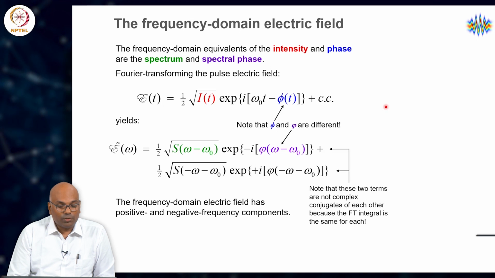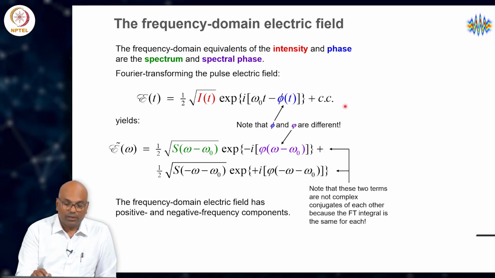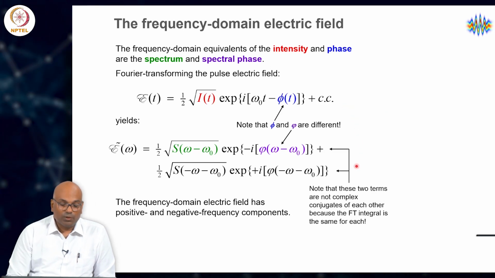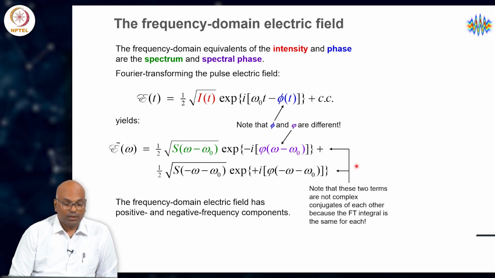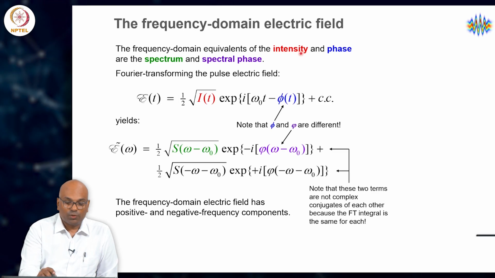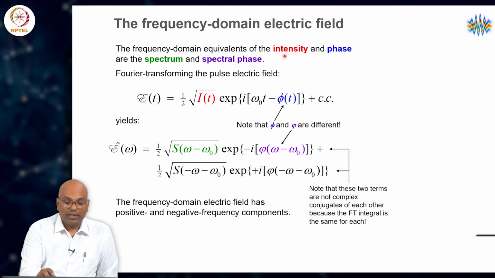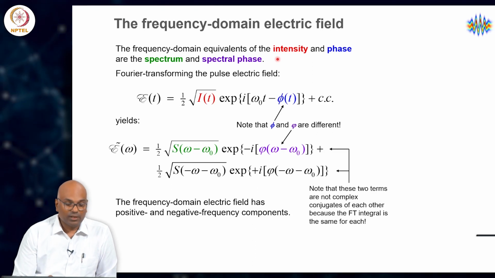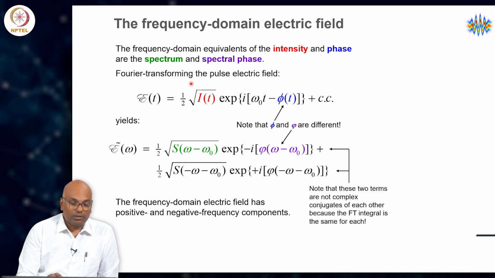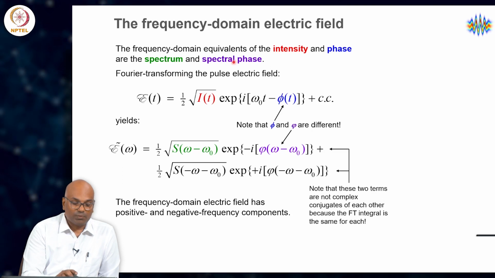But then we also understood that we have an equivalent description of the same pulses, equally complete, equally legal and legitimate, in the spectral domain. So, the intensity and phase, which we should appropriately have called temporal intensity and temporal phase, are now replaced by the spectral intensity and spectral phase.